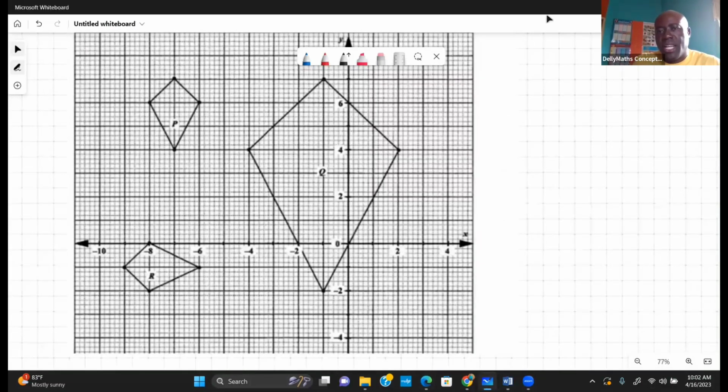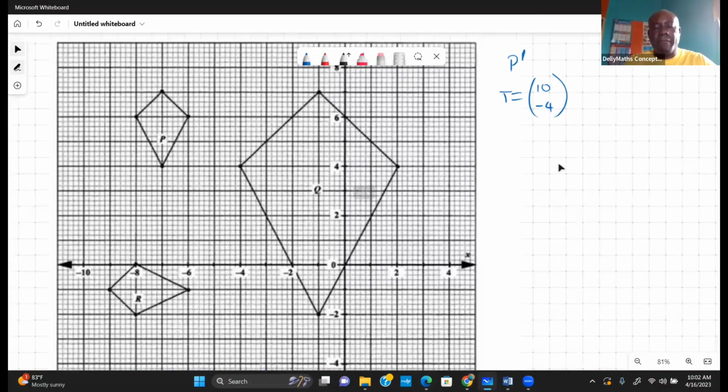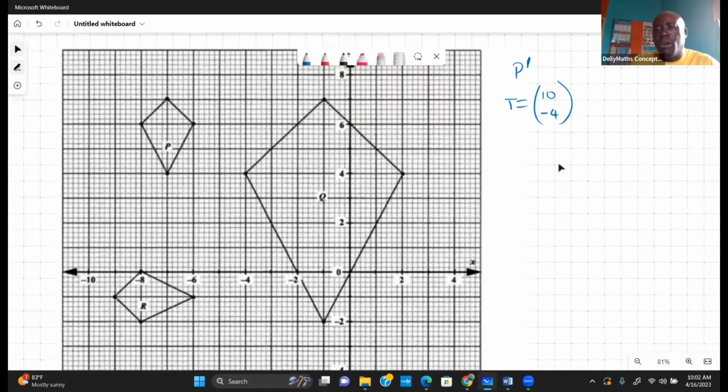So we're going to do a translation. I'm going to write T equal to (10, -4), and when you get it, you're supposed to say P prime. Translation is pushing something. The top number goes either left or right.